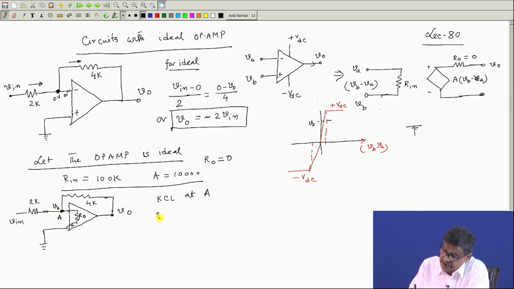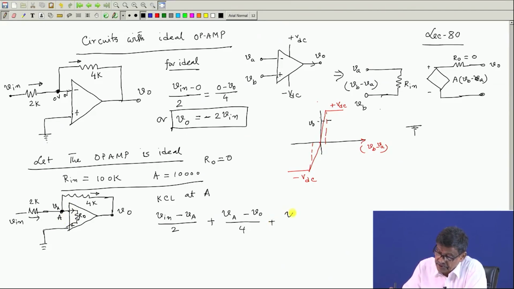So, I will say V in minus VA divided by 2K, current this way, it comes here, then current goes this way, plus VA minus V naught divided by 4K, this is the current going this way, plus this current also, that is plus VA by R in, and R in value is 100K, suppose I have assumed like that. And this is equal to 0, got the point.